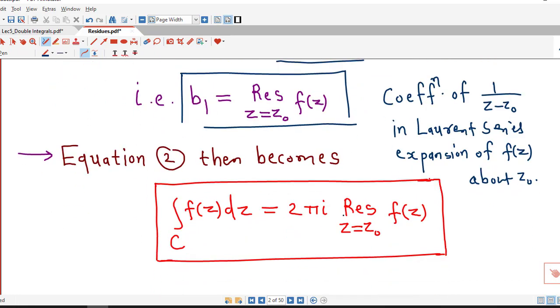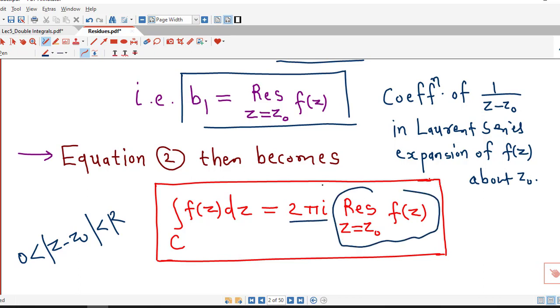So using residue we are able to evaluate certain types of integrals, where this C is the simple closed contour which lies in the punctured disk 0 less than absolute value of z minus z0 less than r. So this integral is given by 2 pi i times the residue of f of z at z equal to z0.